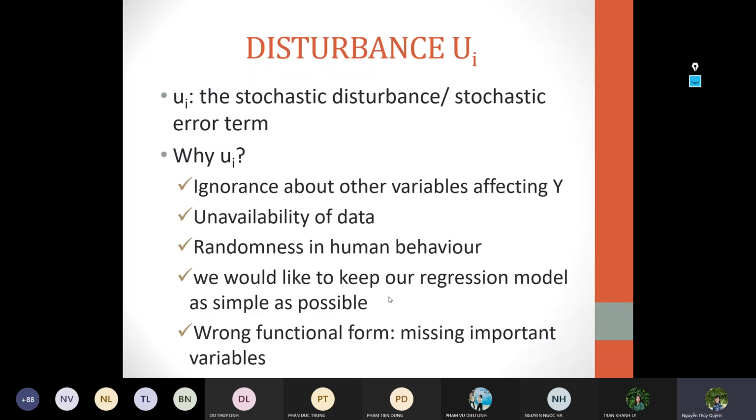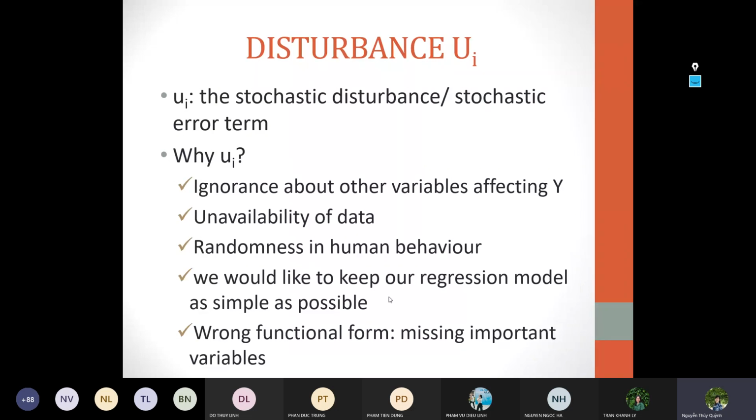For example, if the right functional form is a quadratic function, so y is a quadratic function of x, but when we build the model we only use a linear form, a linear relationship between x and y, then the variable x squared will be omitted from the model, and the effect of x squared will be reflected in the disturbance ui.